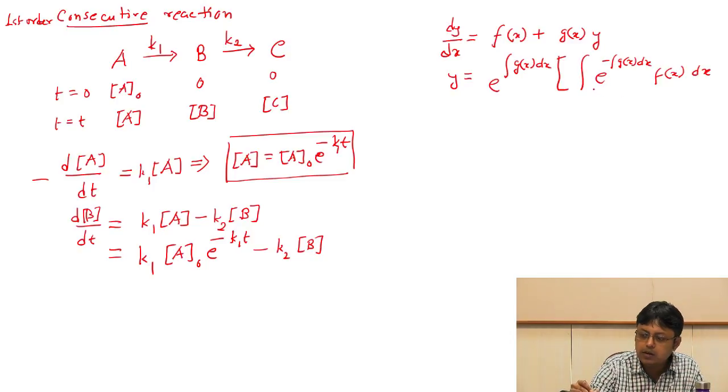So it's an integral of this multiplied by this dx plus c, where c is the constant of integration.